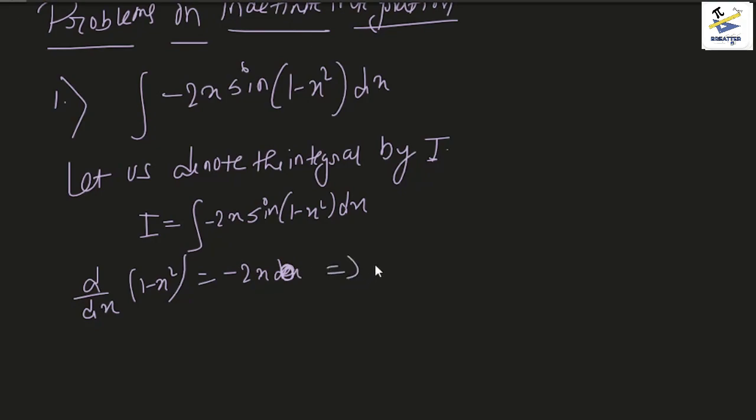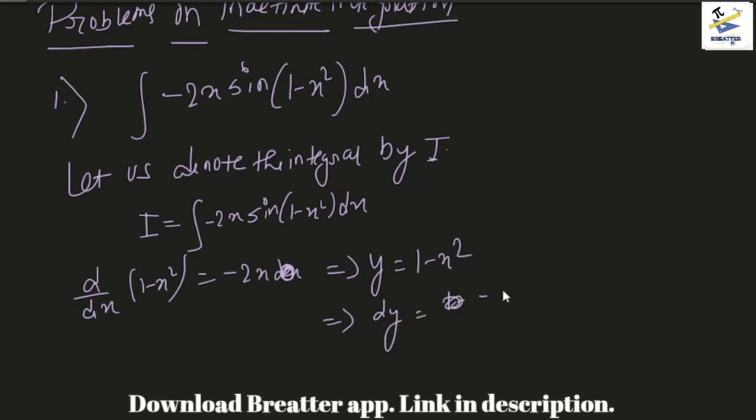So now we can set y equals 1 minus x square, and then we can write dy equals minus 2x dx, right?